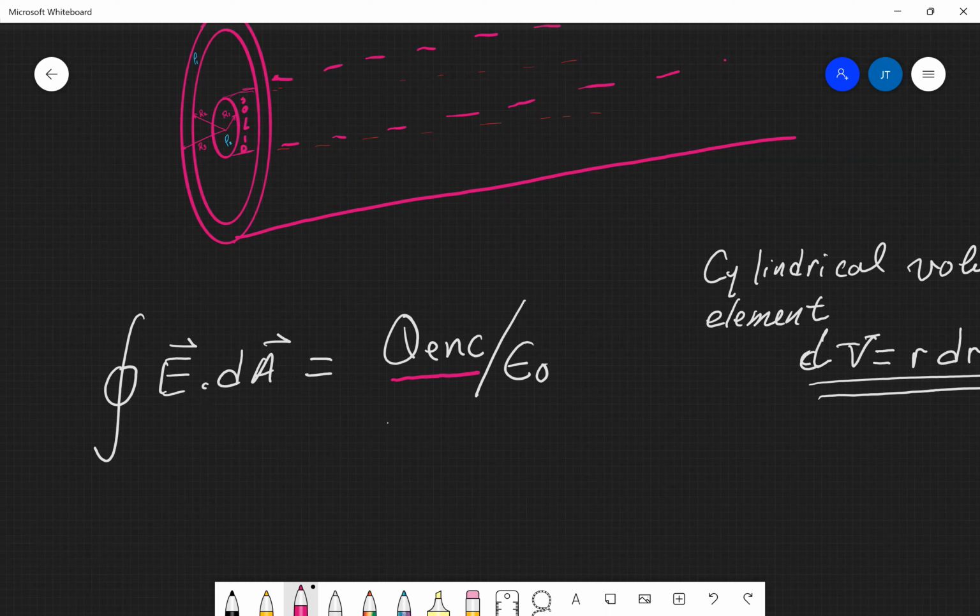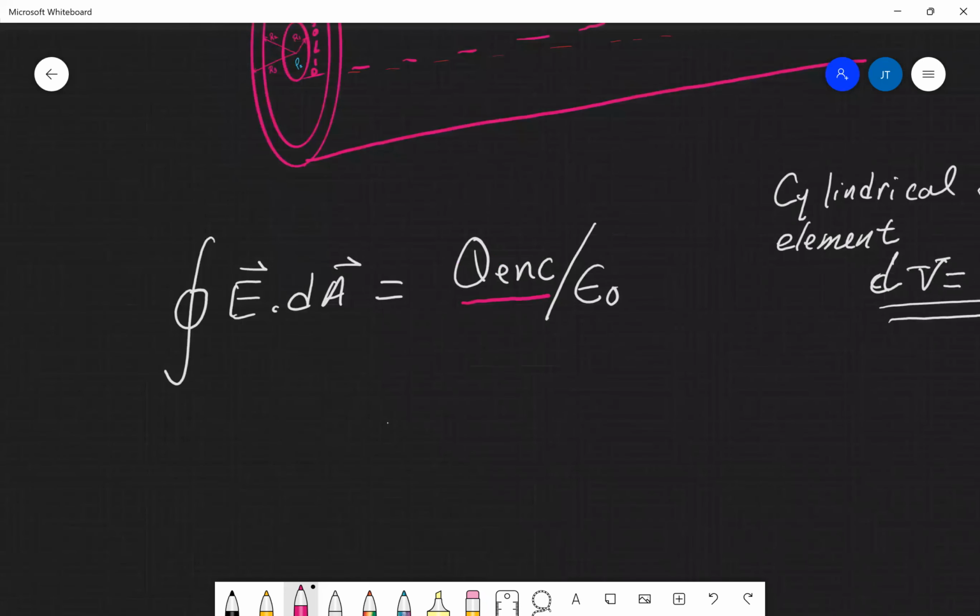Now, since we're dealing with a cylinder, it is good to know that the cylindrical volume element is given by this. dV is r, which is the radial distance from the axis of the cylinder, dr, dθ or dφ goes around the cylinder, and then z is the length, goes along the length of the cylinder, okay?